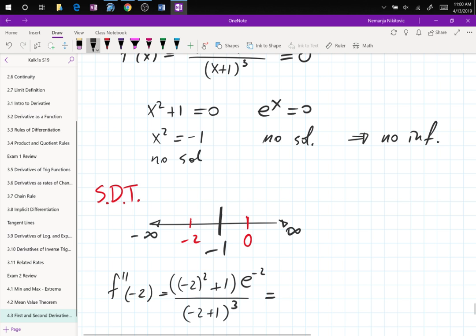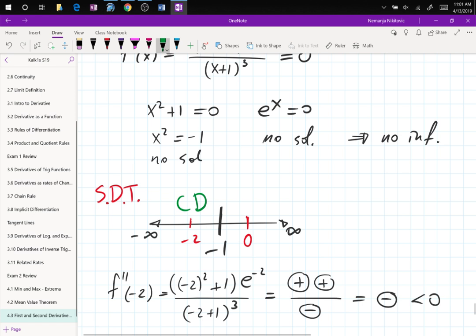All right, so I have a positive times another positive divided by a negative for a total of a negative, which is less than 0, which is concave down. So you have 4 plus 1 is 5, and then e to any exponent is always positive because the e graph is always above 0, right?